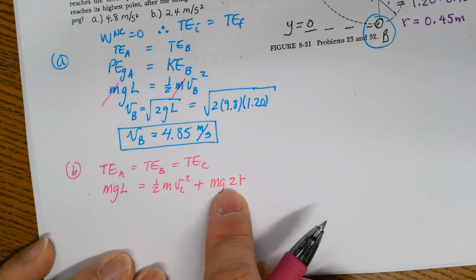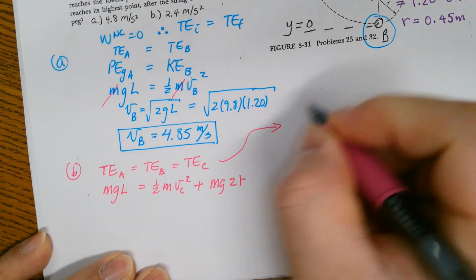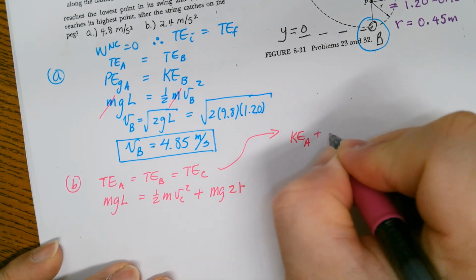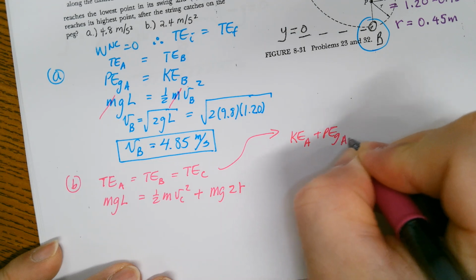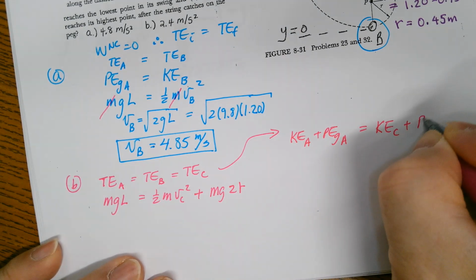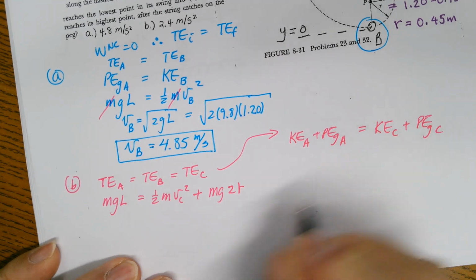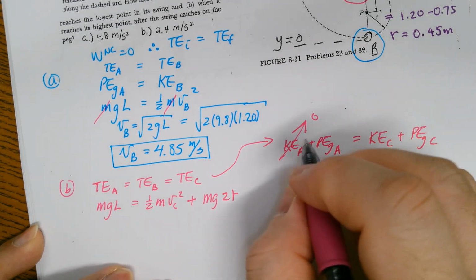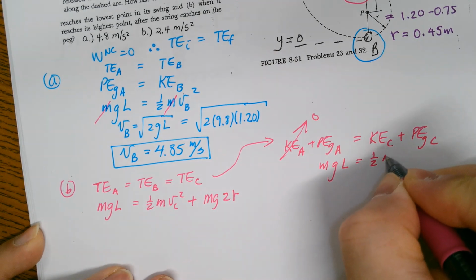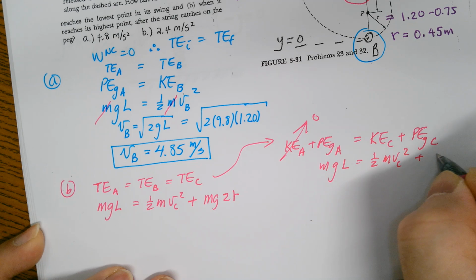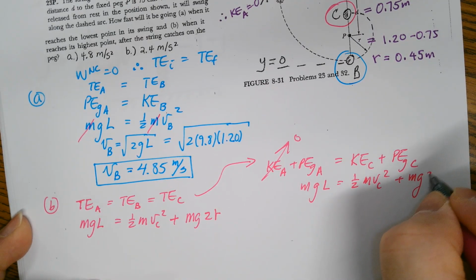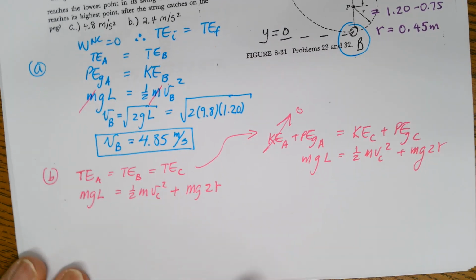Hope everybody got that. If you want me to rewrite this, you could say kinetic energy at A plus gravitational potential energy at A is equal to kinetic energy at C plus gravitational potential energy at C. This is 0. So mgL is equal to 1/2 m vC squared plus mg2R. All right, so hopefully you can see that.